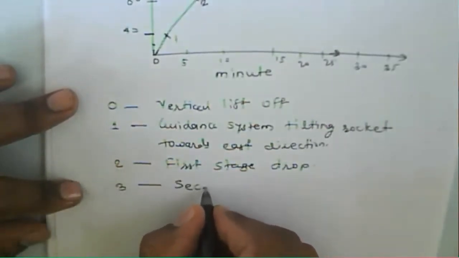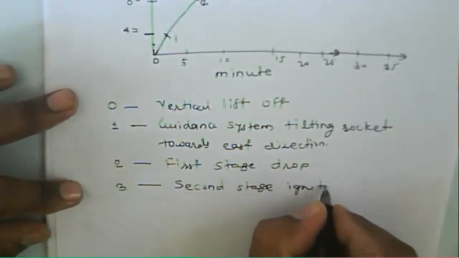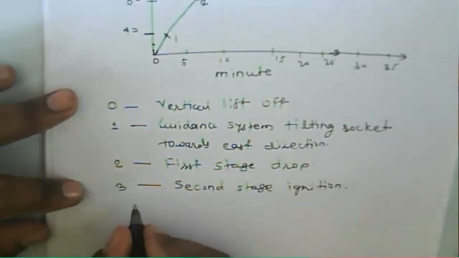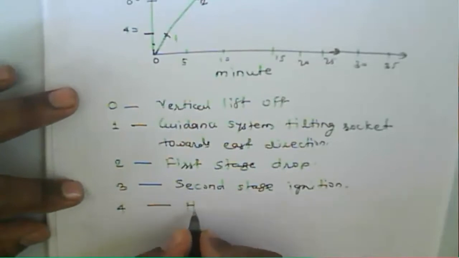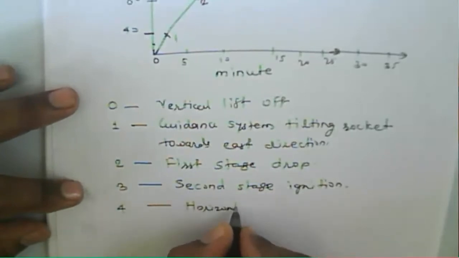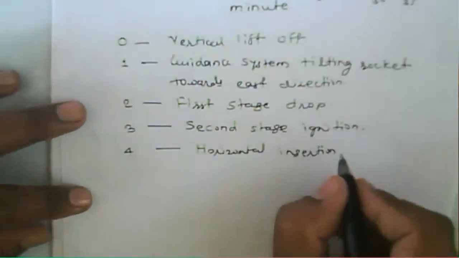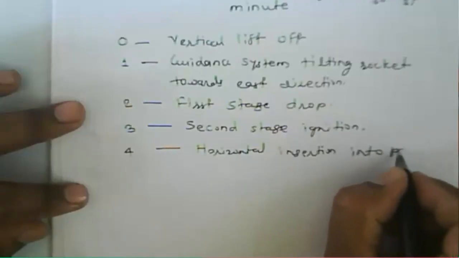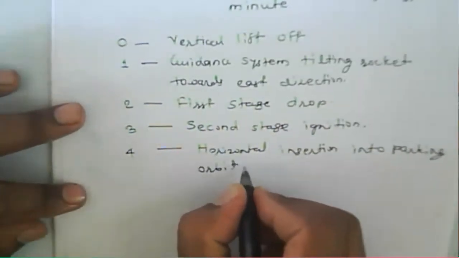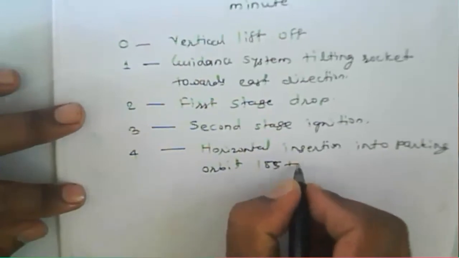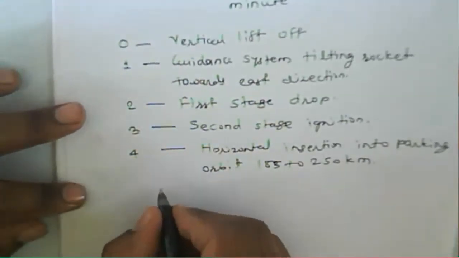And in the third here, we can say that the second stage ignition started, and then fourth we have the horizontal insertion into parking orbit 185 to 250 kilometer.